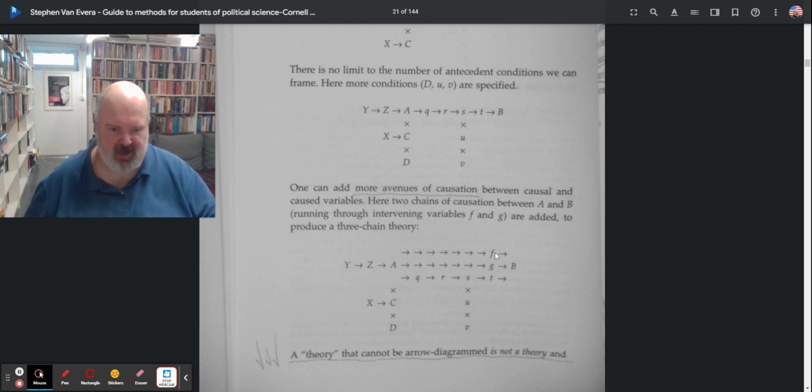If it goes this way, A causes F, which then in turn causes B. Here, A goes to G, which then causes B. A then goes to Q, which goes to R, which goes to S, but S has been impacted by V impacting U, which then impacts S. This is an interesting variable, a conditional variable that conditions this variable, which then in turn conditions this variable, which then causes that variable, and then T then causes B.